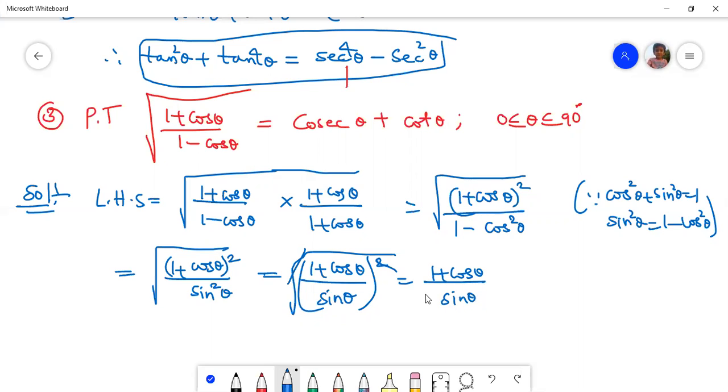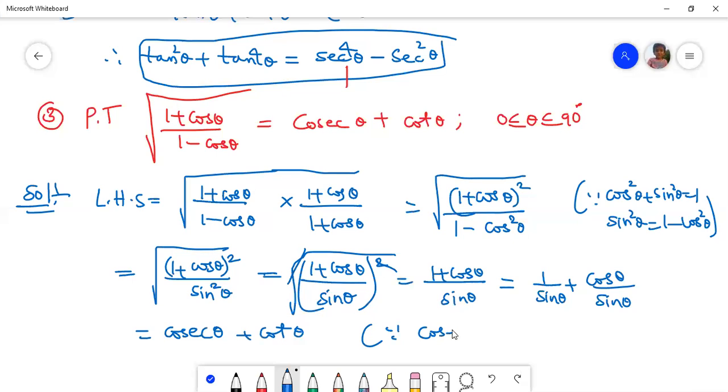The denominator has only a single term, so we can separate it: 1 by sin theta plus cos theta by sin theta. We know that 1 by sin theta is equal to cosec theta, and cos theta by sin theta is cot theta, since cosec theta equals 1 by sin theta and cot theta equals cos theta by sin theta from the ratio.